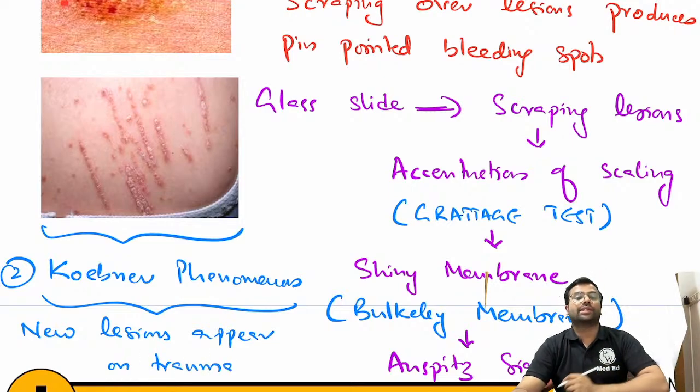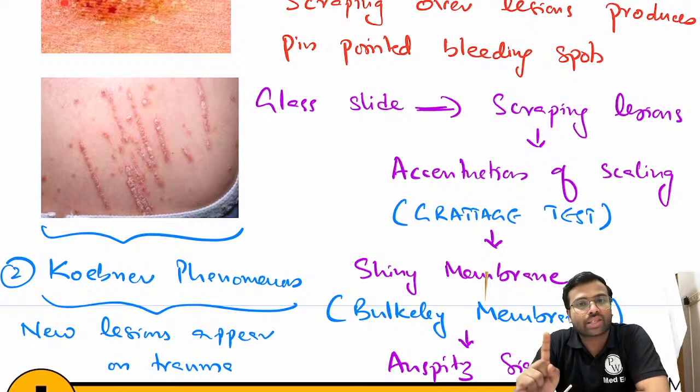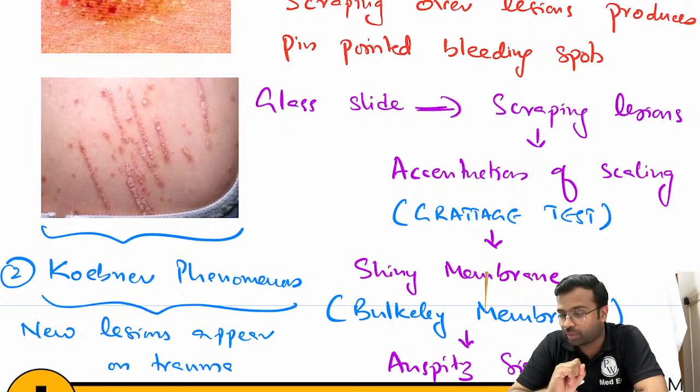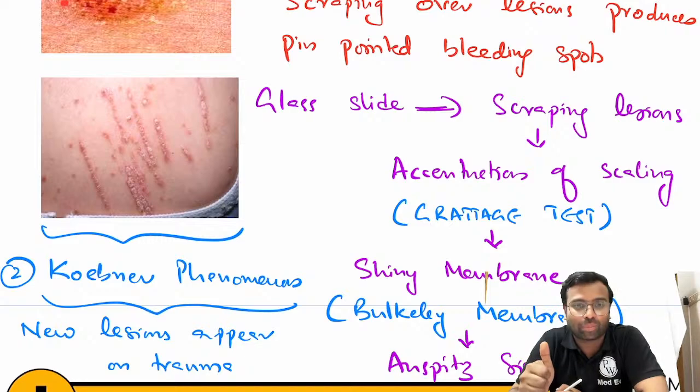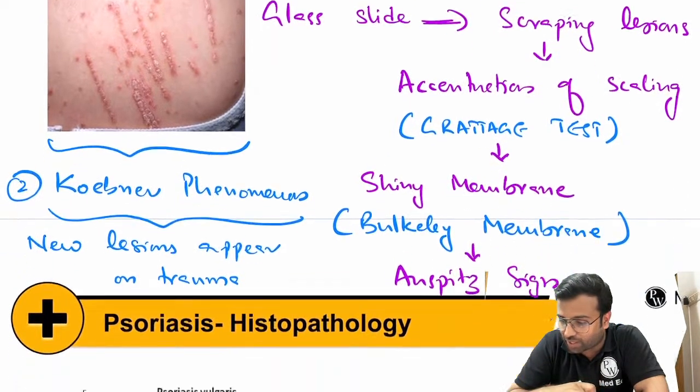Last day we learned that in vitiligo you can see Koebner phenomenon. Today I'm adding that in psoriasis also you can find Koebner's phenomenon. There are 3 diseases you should remember for Koebner: lichen planus, vitiligo and psoriasis.